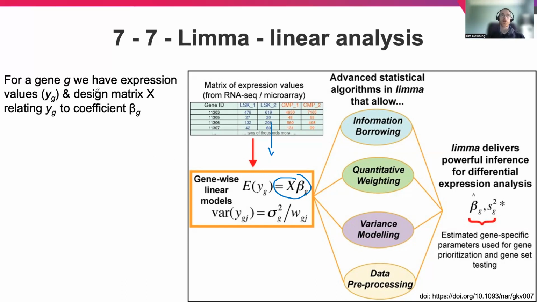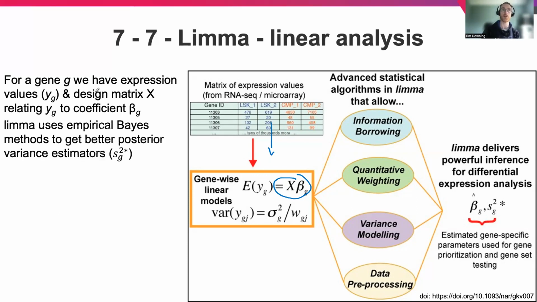So for each gene G, we have an expression value and a design matrix X associated with that, associating those values with the coefficient expression beta_G for that gene. We're using empirical Bayes methods to get better posterior variance estimates. That's s_g squared star over here on the right.